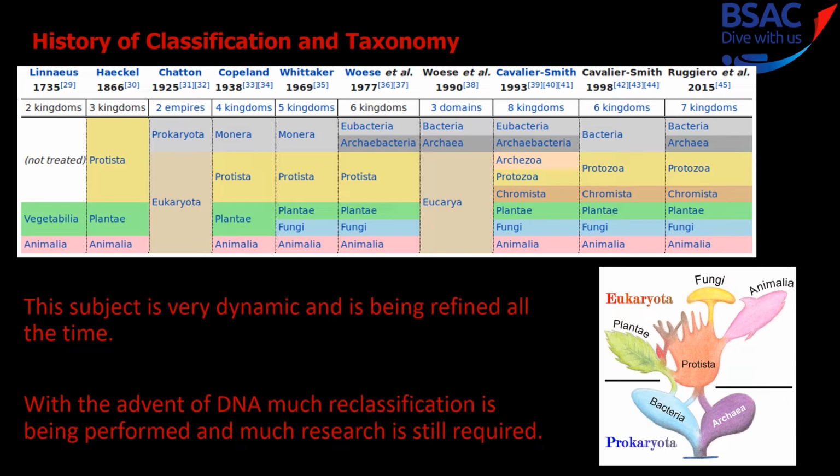In 1998, Cavalier-Smith reduced those 8 kingdoms to 6. However, Ruggiero et al. in 2015 reinstated one of the kingdoms, so the current thinking is 7 kingdoms on planet Earth. Of all those kingdoms, we are only considering a few going forward in this presentation: the kingdoms of Chromista, Plantae, and Animalia.